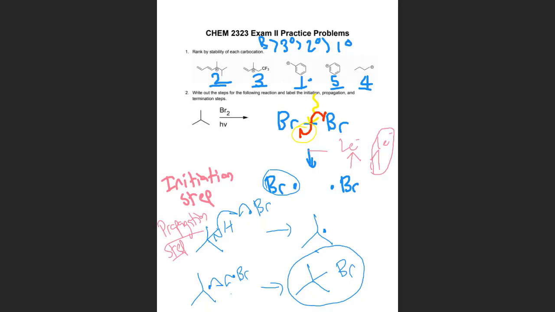Now, between these two, I have a tertiary carbocation that's resonance stabilized and a tertiary carbocation that's resonance stabilized. Since both of those are the same, we have to look at inductive effects or neighboring groups that can help stabilize the carbocation. Here we just have some electron donating groups, and here we have an electron withdrawing group. CF3, because fluorines are highly electronegative, is going to steal away some of the electron density from around this area.